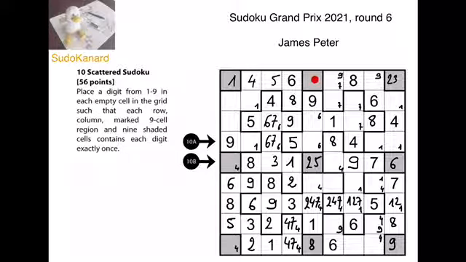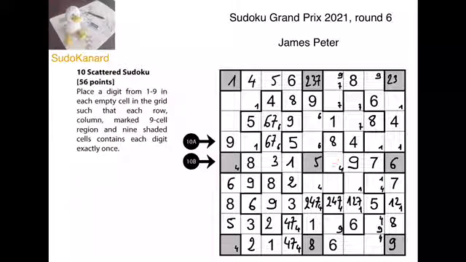Now, can this be anything? It can't be a 9, so it has to be 2, 3, or 7. But actually, this is the only gray cell that can have a 5 because of this. So this one is a 5.